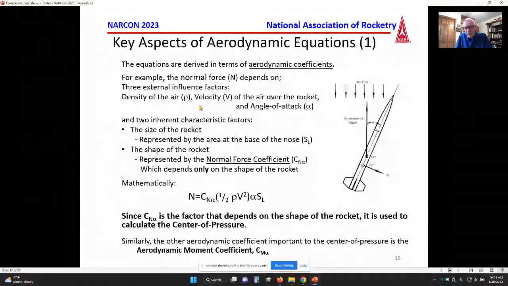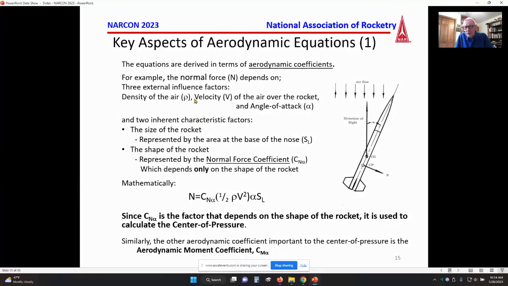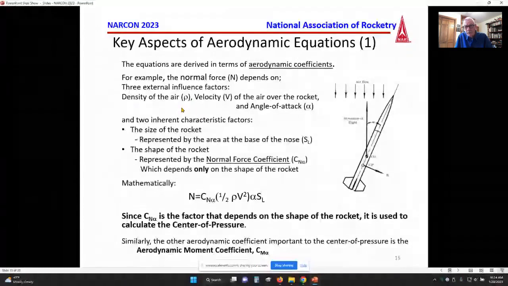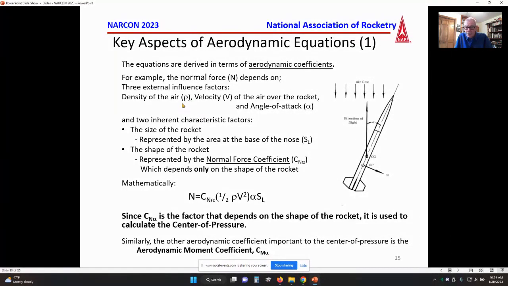But the fact that the air density, you may be flying from ground level, where the air density is much higher than if you were flying from, say, Denver or up at high altitude. There is actually a difference in air density.